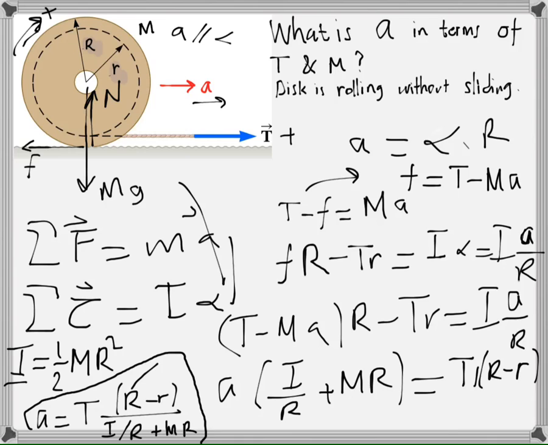If the surface is frictionless, then this is something else. But if the point where the spool is in contact with the ground is not sliding, then the spool will always go in this direction and rotate in the clockwise direction.